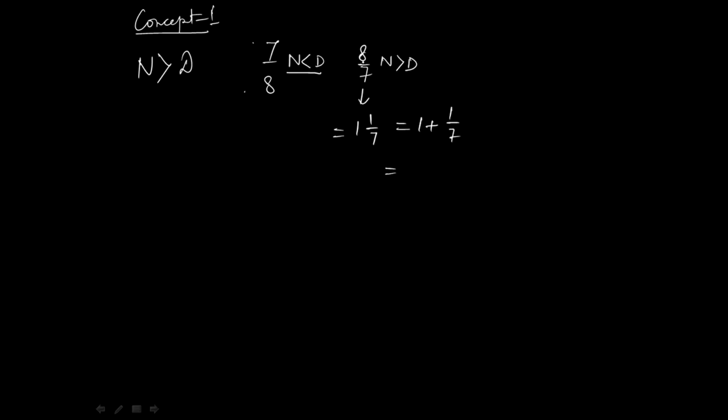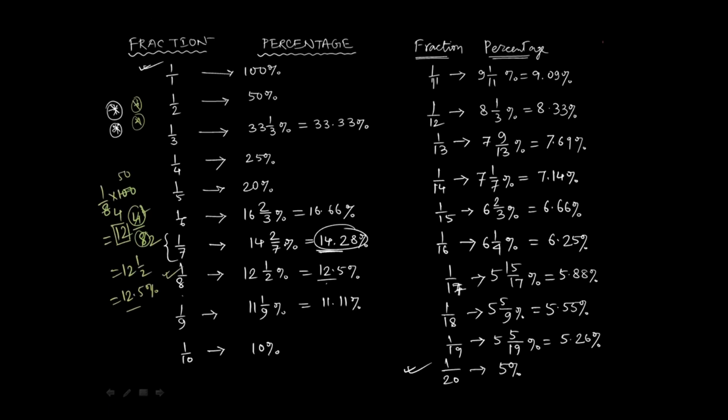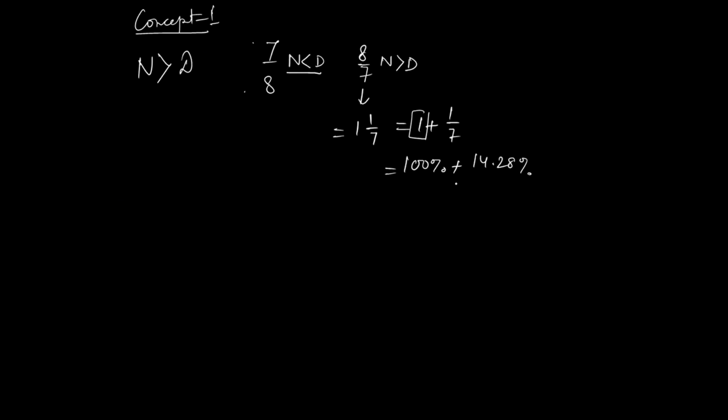Actually, when you are transforming this fractional value to percentage, then you can say that this 1 is actually 100% and this 1 by 7 is actually 14.28%. You have already learned this. I hope you have remembered that 1 by 7 is equal to 14.28%, right?